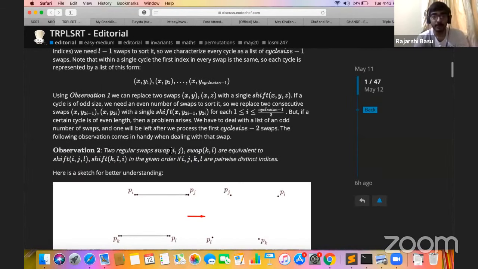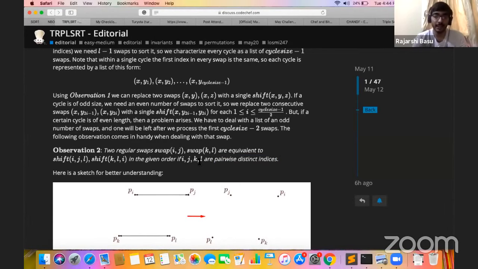Two regular swaps ij and kl such that i, j, k, l are pairwise distinct. This is the keyword here because we are combining 2 swaps from different cycles together, like the remaining swaps of the different cycles. So i, j, k, l are all pairwise distinct.